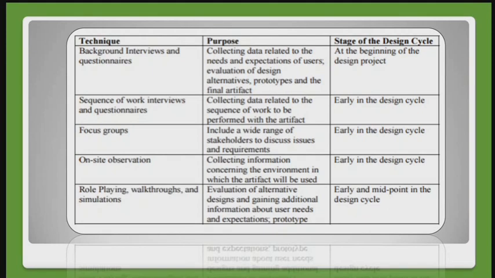In this one you can see that the technique is background interviews and questionnaires. We conduct this technique to collect data related to the expectations of the users, or the evaluation of the design alternatives, prototypes and the final artifact. For that purpose we use background interviews and questionnaires.